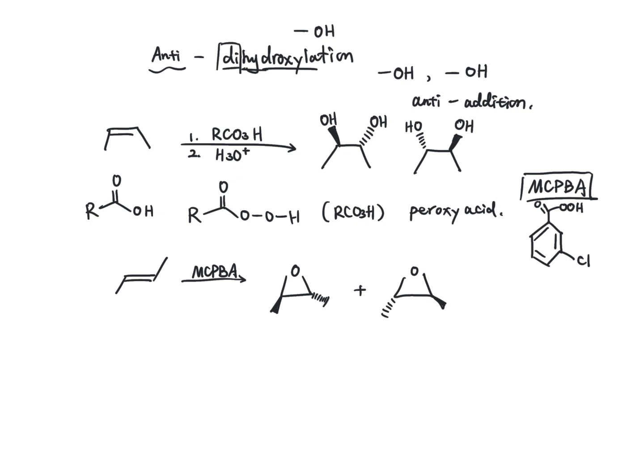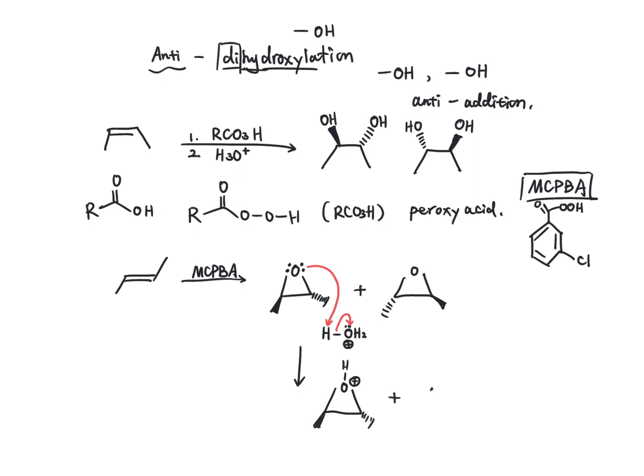Then what happens is the second reaction. You introduce hydronium, or the proton source. With the proton source, because this oxygen is electronegative with those lone pairs, it will get protonated and we will have a protonated epoxide.